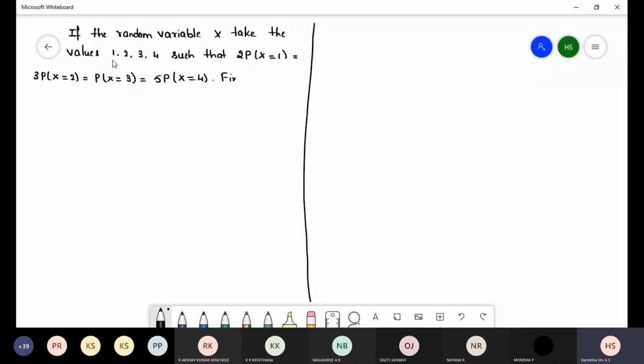Find the probability distribution of x and cumulative distribution.